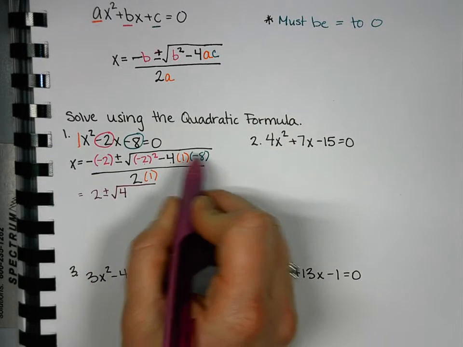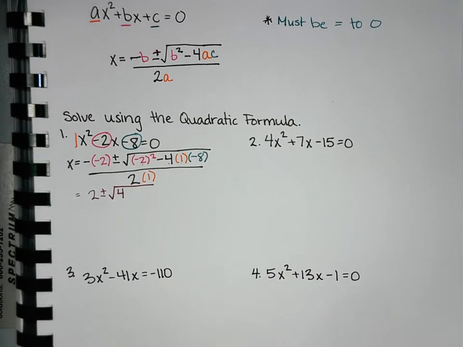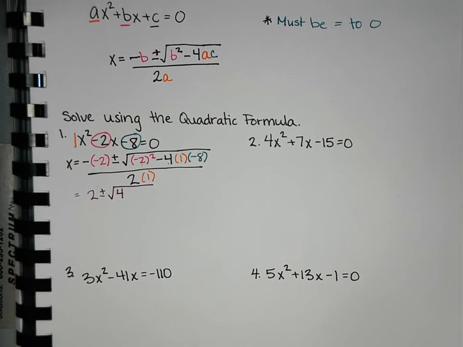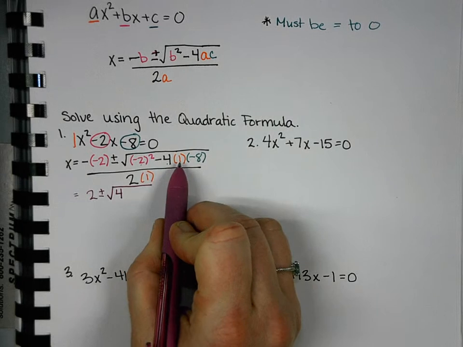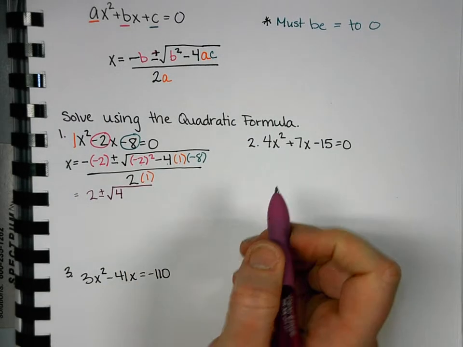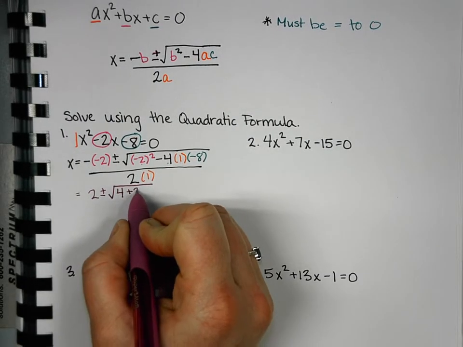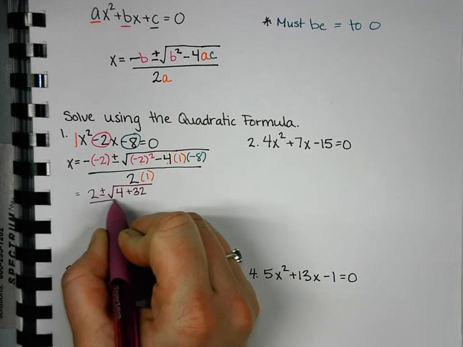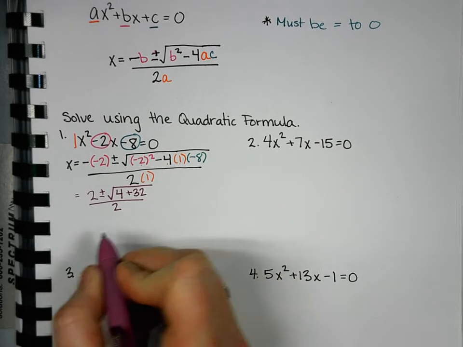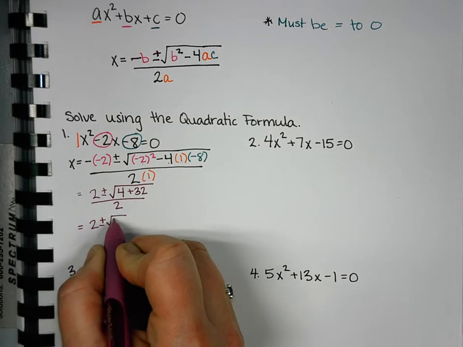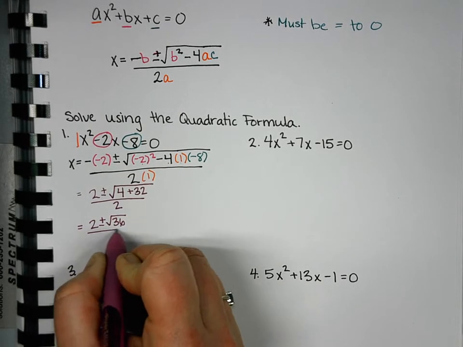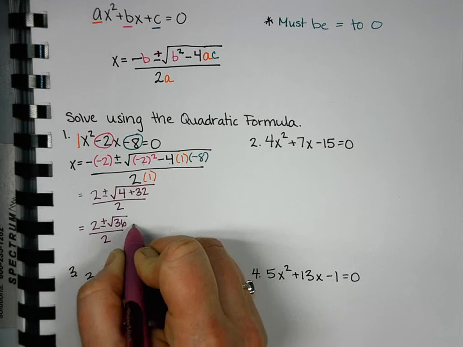No, because of the other stuff in there. If it was just that, then yes, but because of all the other stuff, no. Order of operations, we got to do that inside first. So what's -4 times 1 times -8? +32. So we'll have a +32 all over 2. So 2 plus or minus the square root of 36 all over 2.